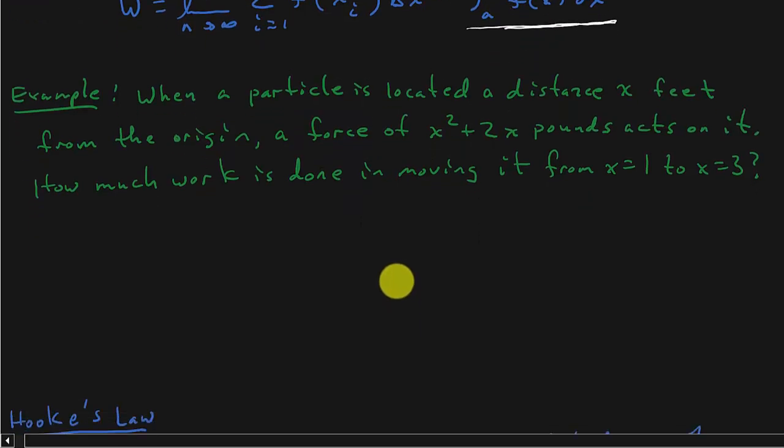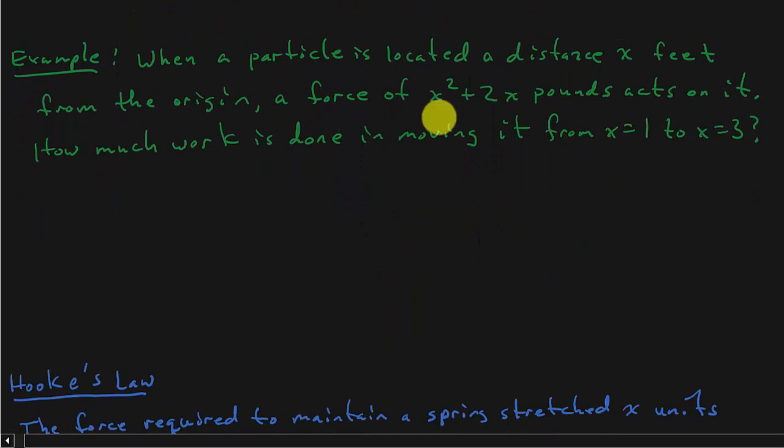So the force here is a function. It says when a particle is located a distance x feet from the origin, a force of x squared plus 2x pounds acts on it. How much work is done in moving it from x equals 1 to x equals 3?